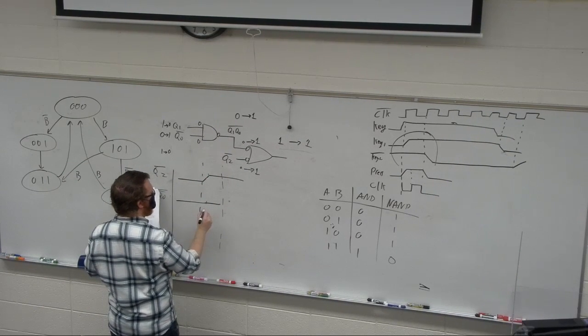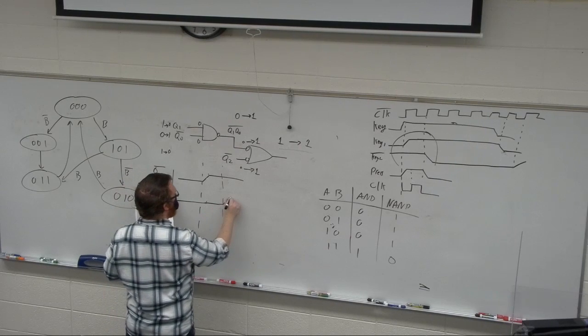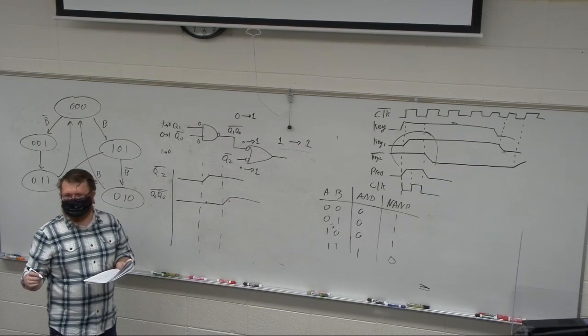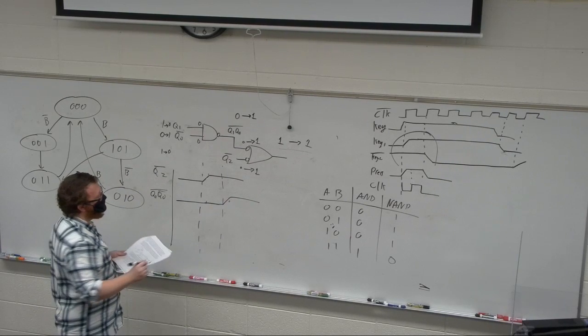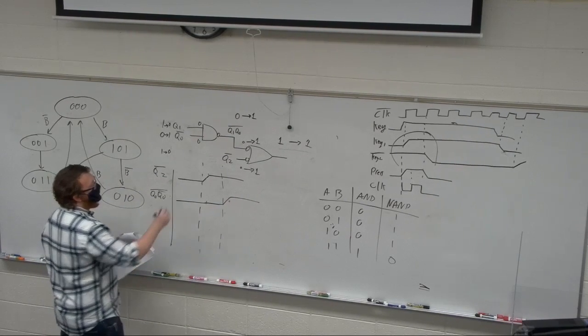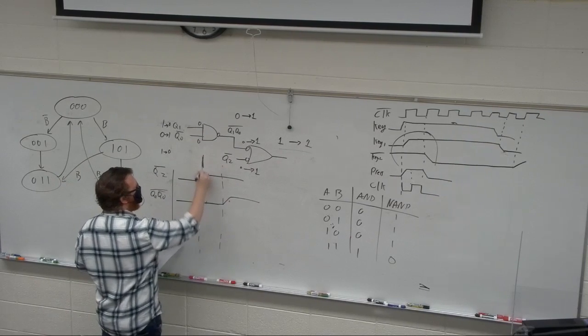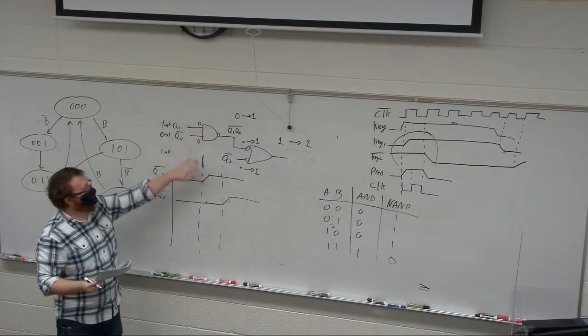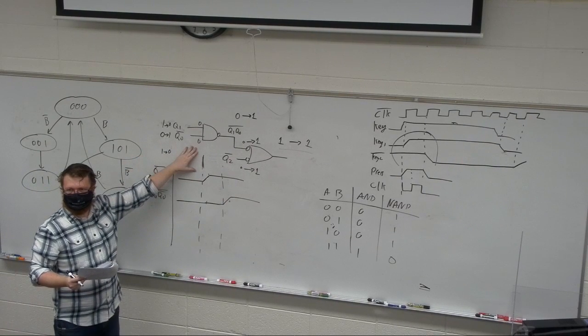Sorry, these timing diagrams get really annoying, so I'm a little bit slow here. But we'll make you do lots of these and you'll get better at them than I am eventually. Okay, right? So we're going to say this is the moment that we change states. So Q1, Q0, and Q2 all change right here.